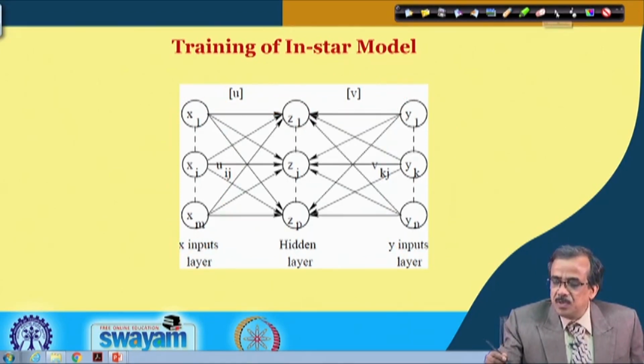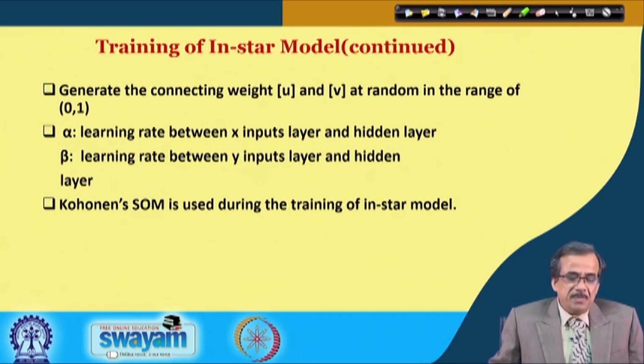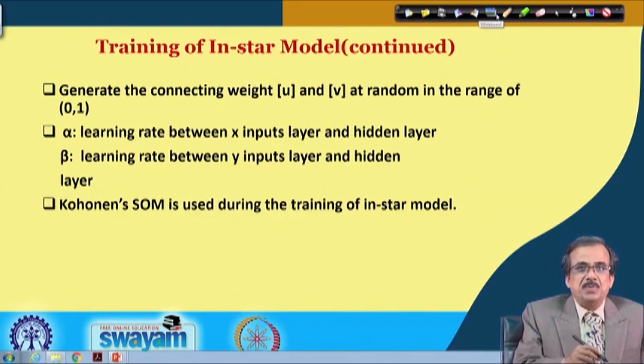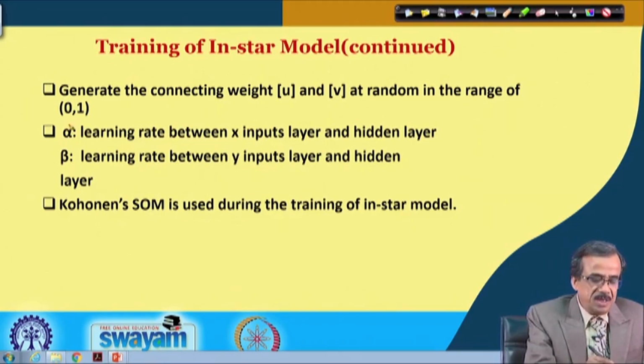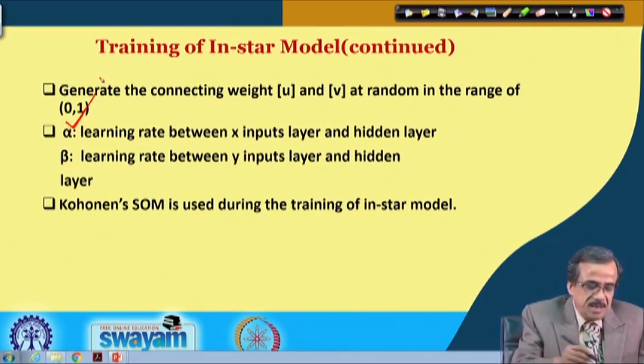Now, let us see what we do in the INSTAR model. So, we generate the connecting weights, that is u and v, in the range of say 0 to 1, and we consider some learning rate. For example, say alpha is the learning rate between the x input layer and the hidden layer, and beta is the learning rate between the y input layer and the hidden layer.